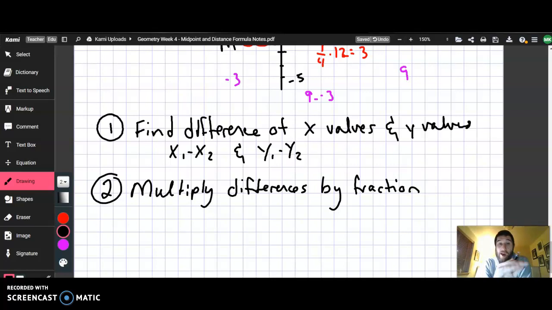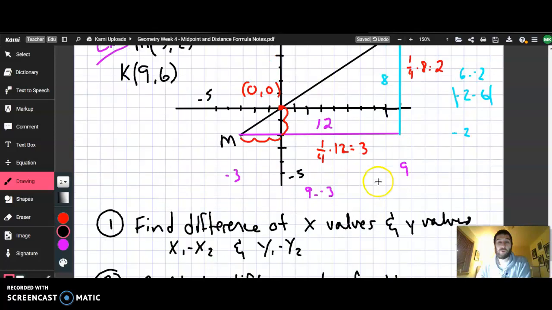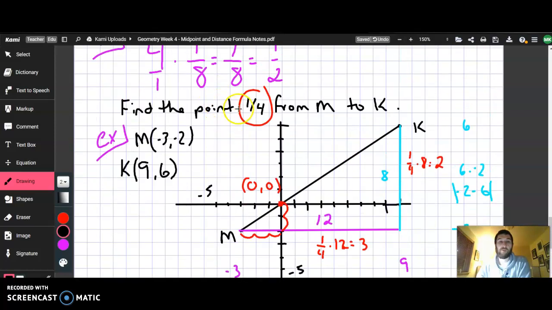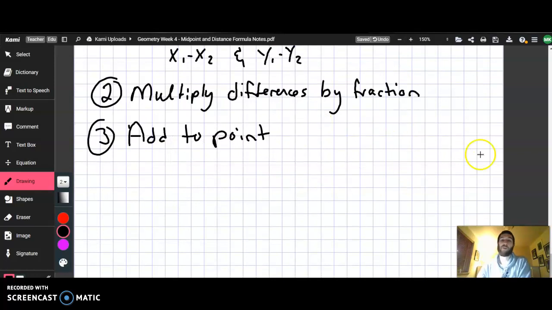And so after you take your differences, multiply those differences by the fraction. And so then the last step, 3, is add them to your point. And you want to focus on the point that you're starting from. In this last example we did, we were starting with m because it's from m. And so we added it to m to get to our new spot.